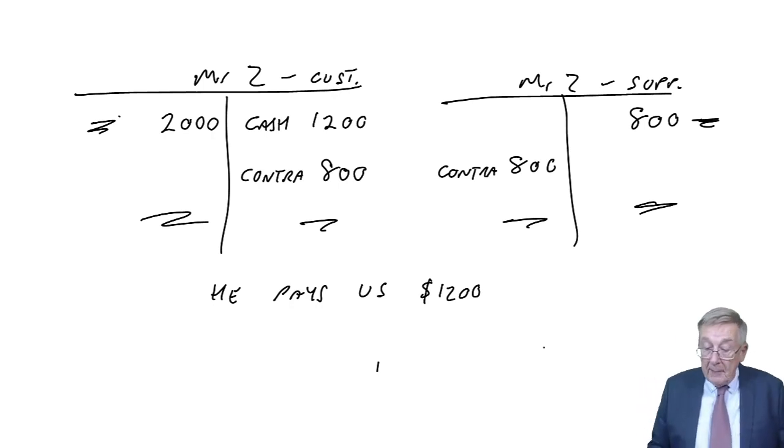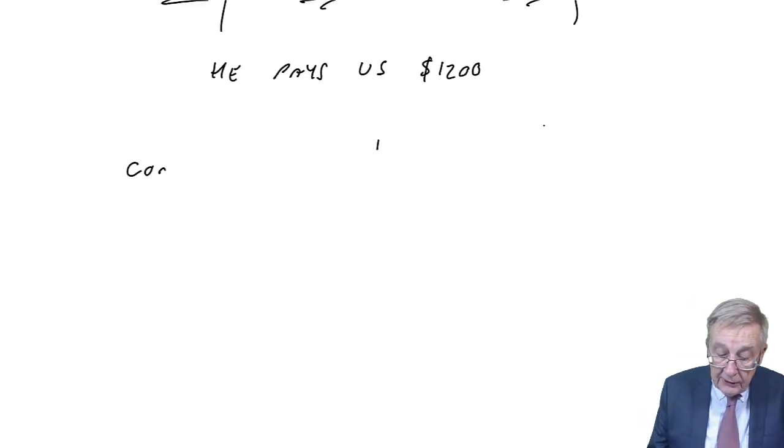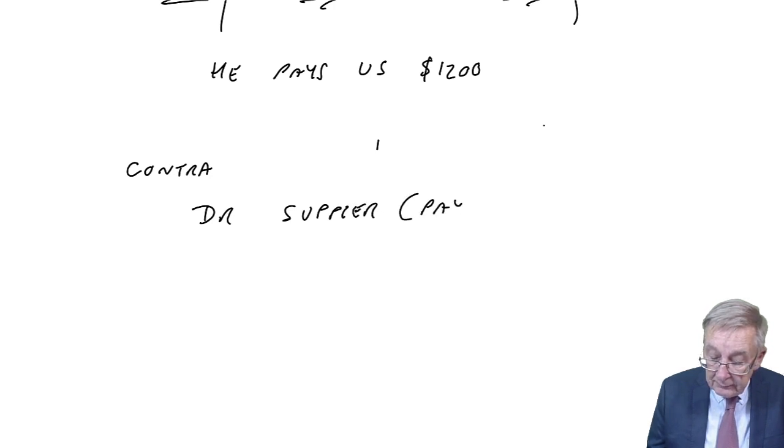Okay, well, I hope that makes sense. I'll just summarise, and there's absolutely no argument. The contra entry, you debit the supplier, the payable, you credit the customer, the receivable.